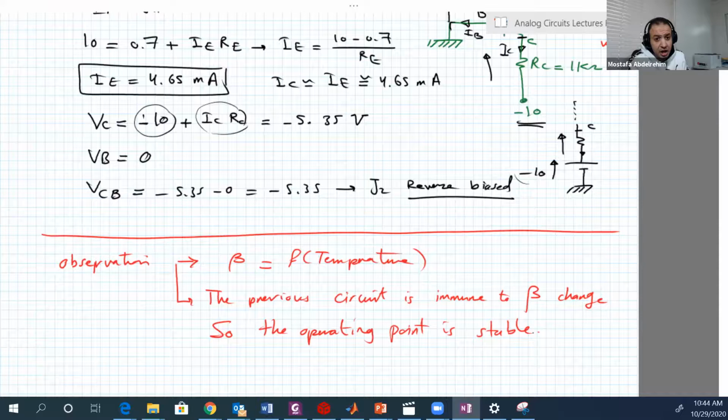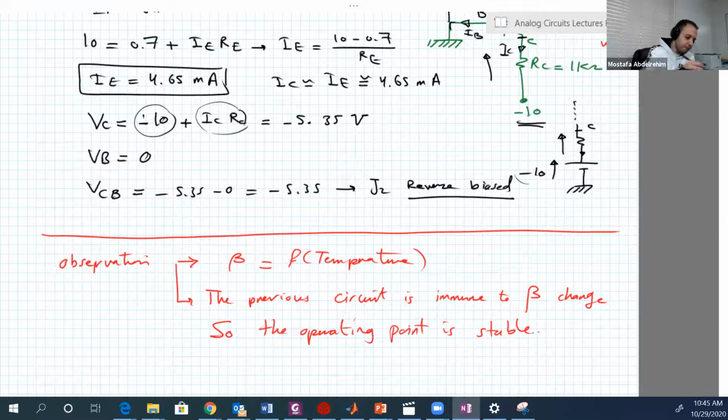Not just the environmental temperature, of course, which can also change the data. But even if the weather is good and the room temperature is stable, just because electronic components heat up when there are currents, beta will change as well.